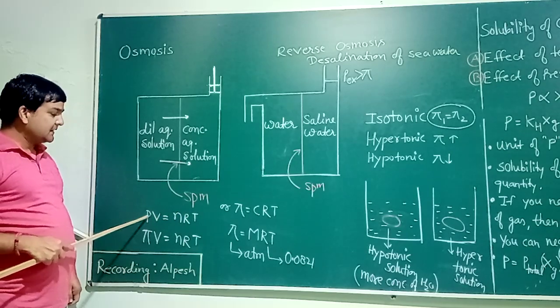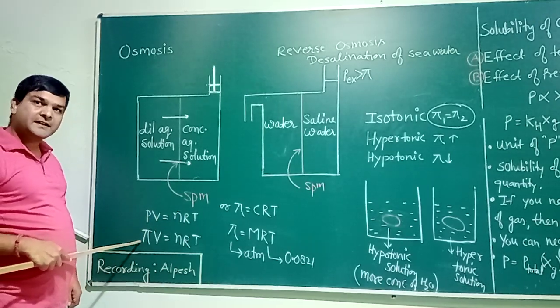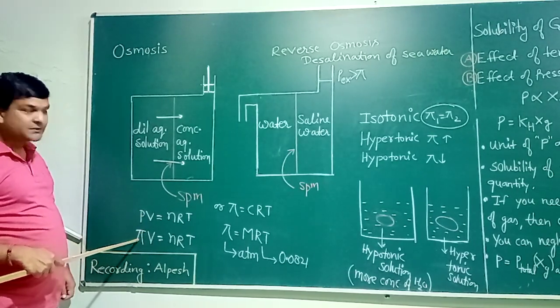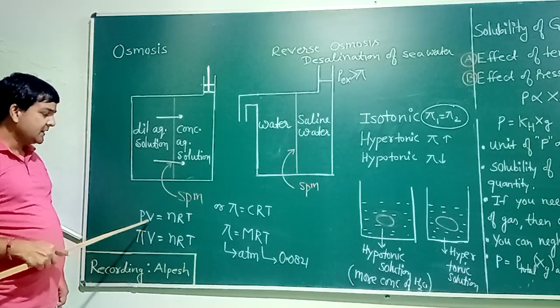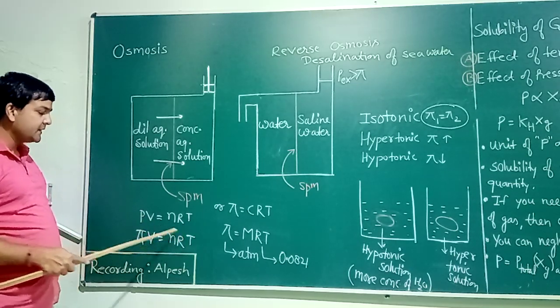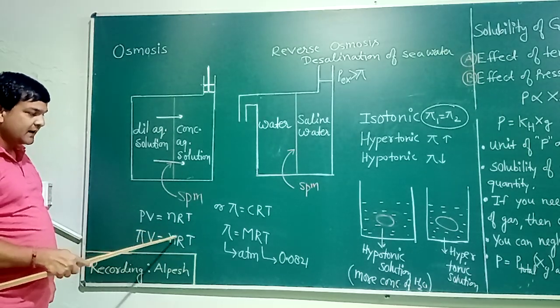Just to make a difference, P here is denoted by pi. There is no difference mathematically between P and pi, but pi is used to represent osmotic pressure. So PV equal to nRT can be written as pi V equal to nRT, or we can write pi equals n divided by V times RT.